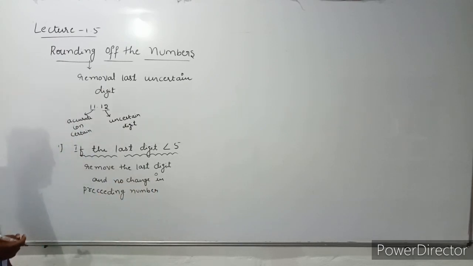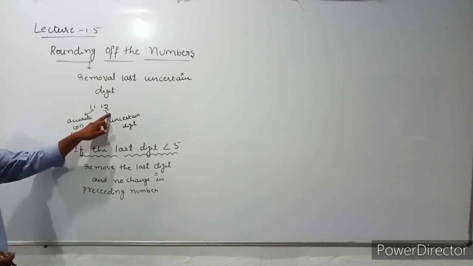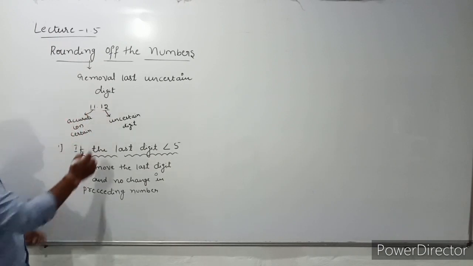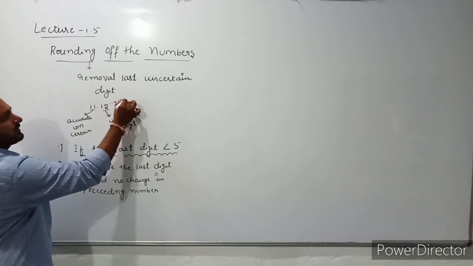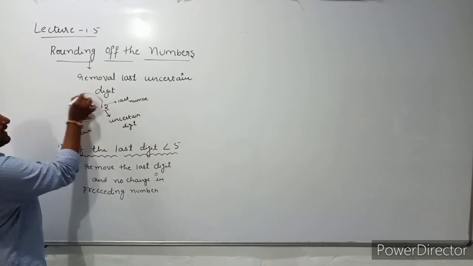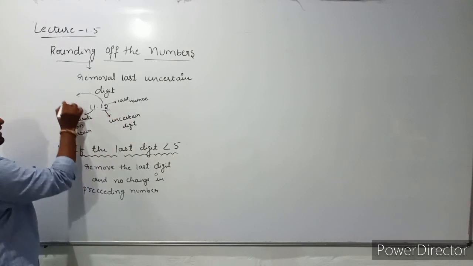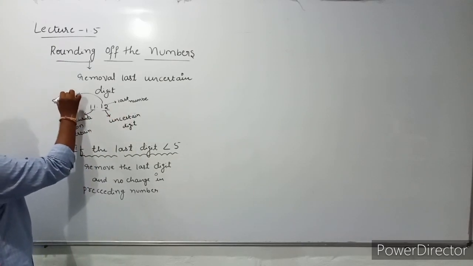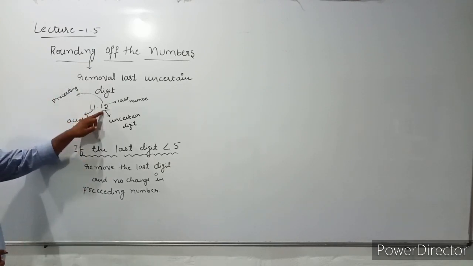So what is preceding number, sir? See here, the number which comes before the last digit. This is the last number. The number which comes before the last number is the preceding number.